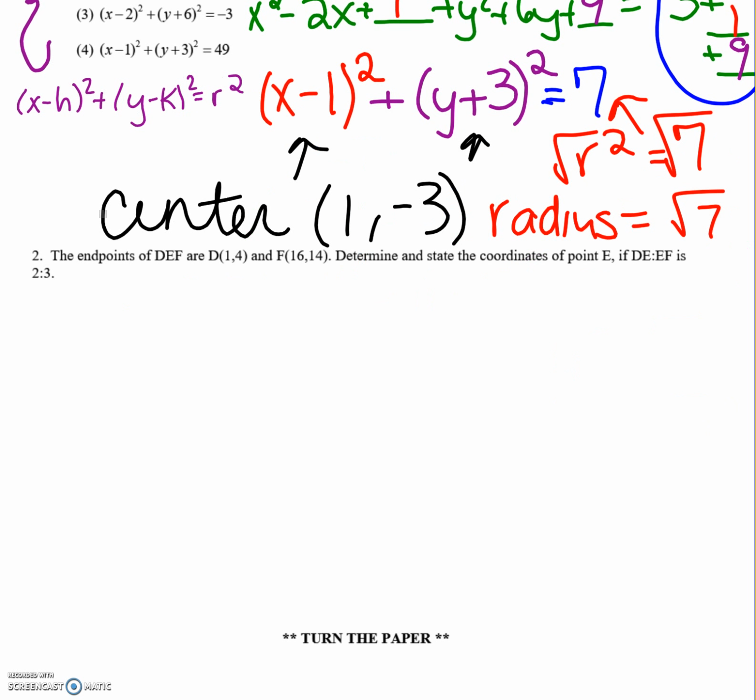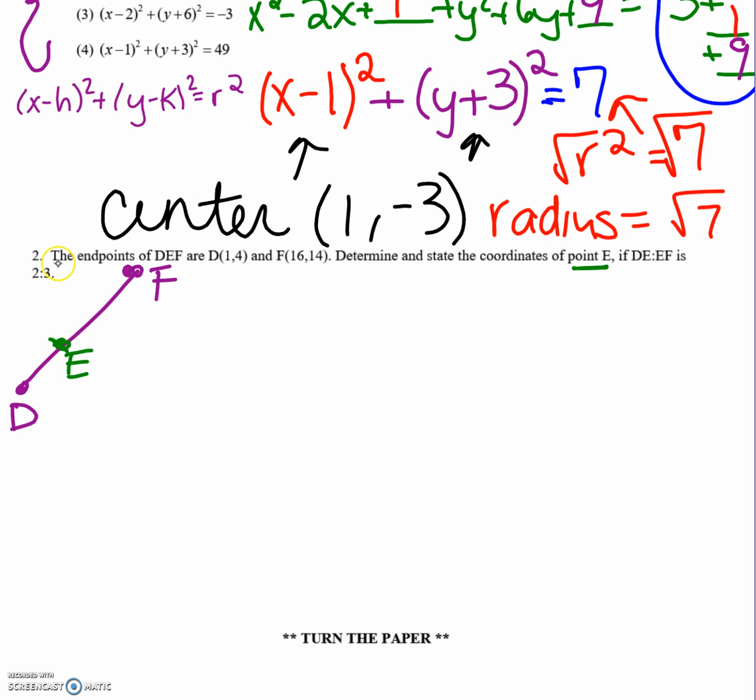Number 2 says the endpoints of DEF are D at (1, 4) and F at (16, 14). Determine and state the coordinates of point E if the ratio of D to E to F is 2 to 3. So let's just say we have points D and F as our endpoints, and we want to take E and place it so that it's 2/3 of the way.